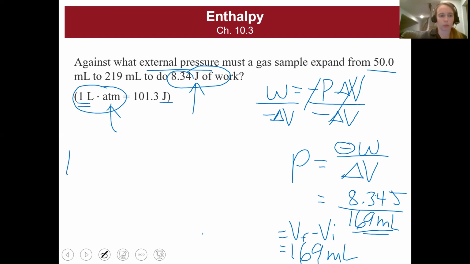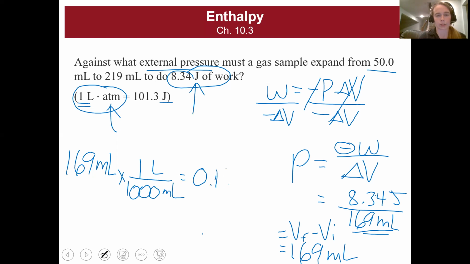So I'm going to convert 169 milliliters to liters. There's 1,000 milliliters in a liter, so this is 0.169 liters.